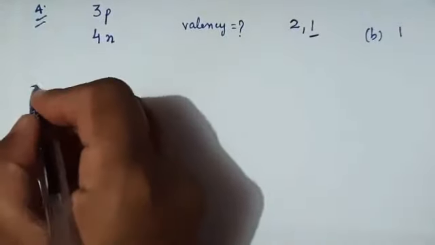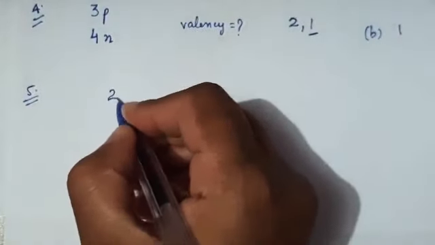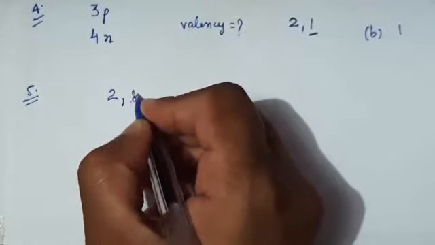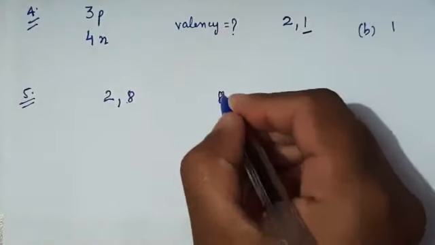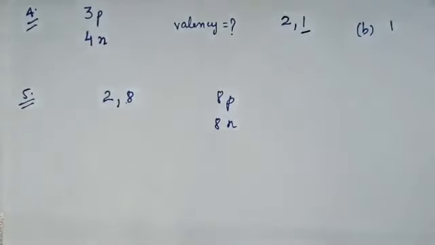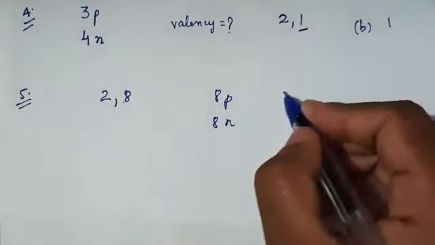Coming to fifth question. 2 electrons are filled in the first shell and 8 electrons are filled in the second shell. And it is saying the nucleus contains 8 protons and 8 neutrons. Protons are 8, means atomic number is 8.